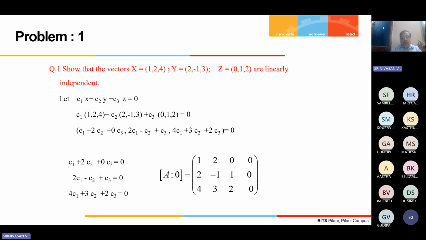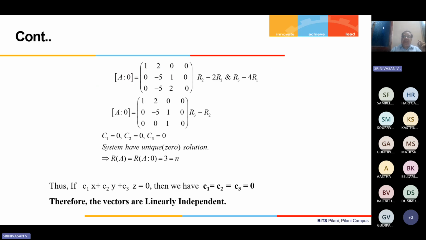Okay, so you have the number of unknowns. But in solving the system of equations, when you have Ax equal to B, X will be X1, X2, X3 or X1, X2, X3, X4, depending upon the nature of the question, which denotes the number of unknowns that you find. Here unknowns are the scalars C1, C2, C3. So when the ranks are equal, the system is consistent.